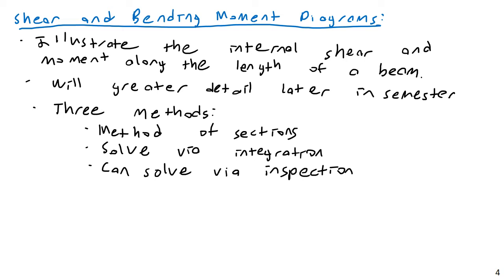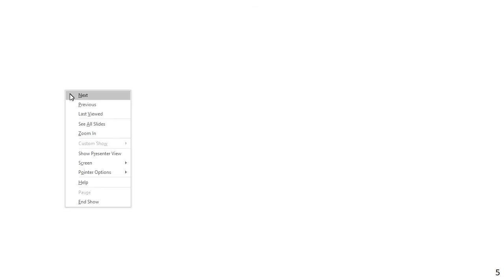Okay. I will do a brief example of doing one of these by inspection. V&M by inspection example.